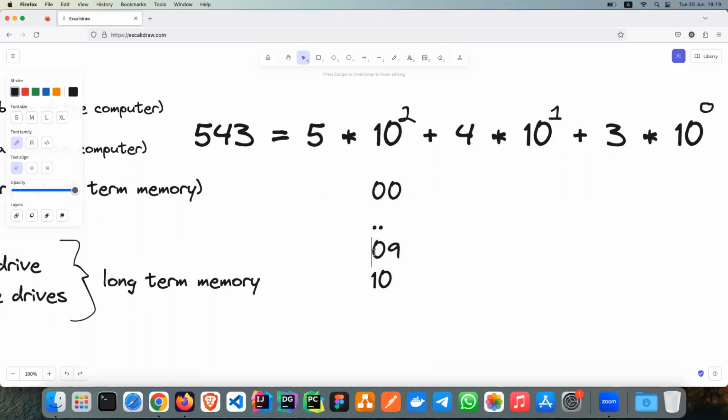As soon as we end with the current digits, we add another digit to the beginning, and we start counting again from 0. And at last we have 19, and then we add 1 to it and continue counting.